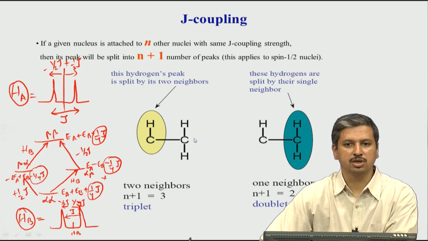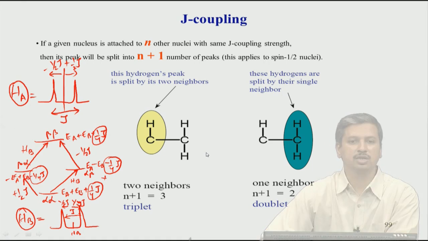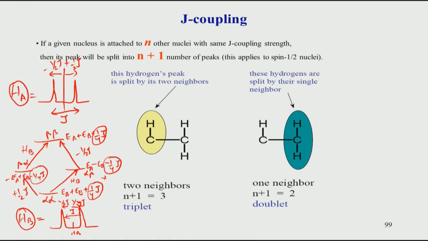Typically this happens when these 2 hydrogens are chemically equivalent. So, the n plus 1 rule applies specifically where there are chemically equivalent hydrogens and a hydrogen atom is coupled equally to both these hydrogens.